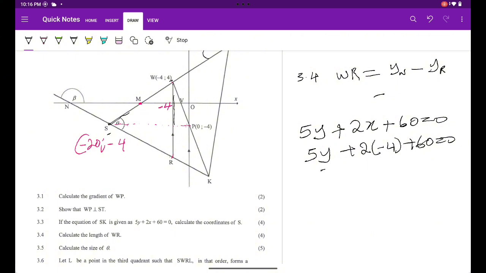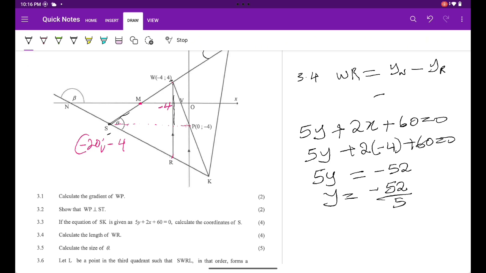So we will have 5y, this is negative 8. So a negative 8, when we add it with 60, it's positive 52. So taking it that side, it is going to be negative 52.